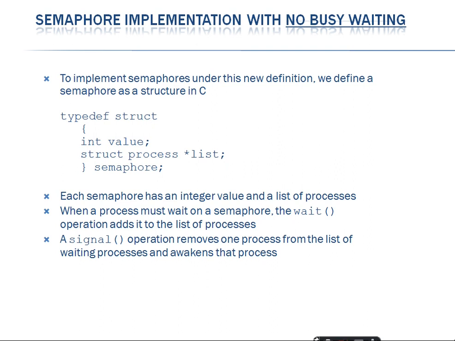And a signal operation will remove one process from the list of these waiting processes and resume its state by invoking the wakeup function. I hope you have understood this point.